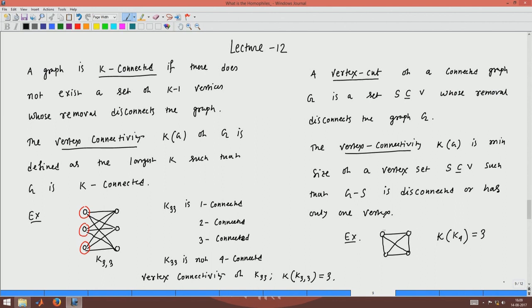So, if you remove 3 vertices, you will be left with only one vertex, that is all, and that is the connectivity of this graph. Okay. And in terms of vertex set, if you want to understand the vertex connectivity here, then your minimum size vertex cut consists of these 3 vertices. If you remove these vertices, the graph will become disconnected. So, either it will become disconnected or it will have only one vertex left.